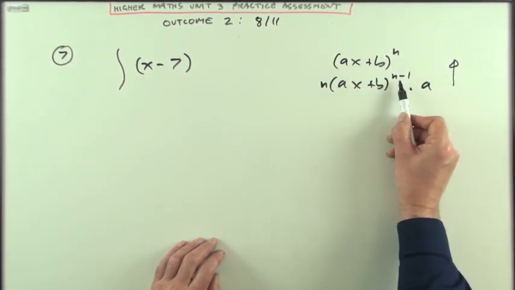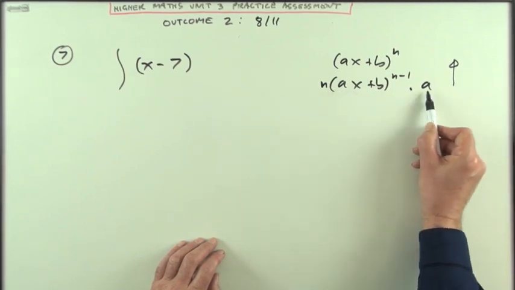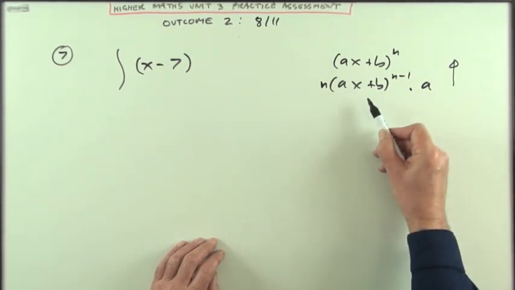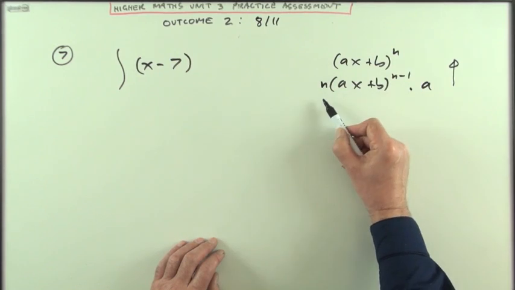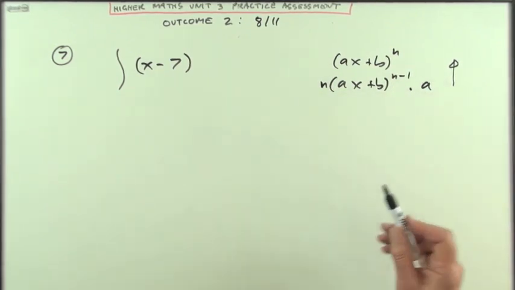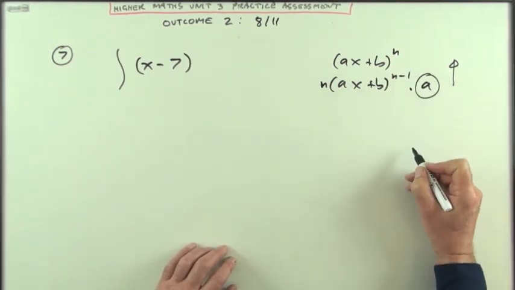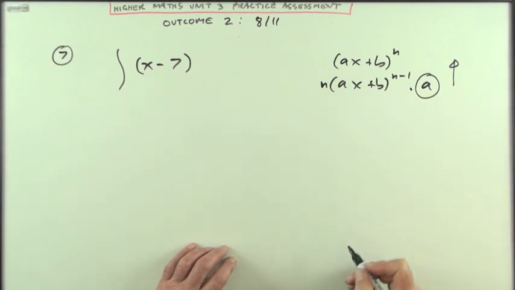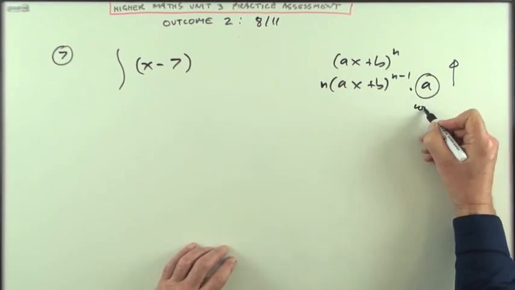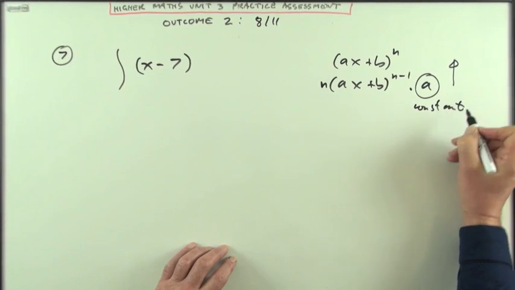Multiply by the power, take 1 off the power, multiply by the derivative, so the opposite is add 1 to the power, divide by that power, and divide by the inner derivative, but only if that inner derivative is just a number. Only if that is just a constant.